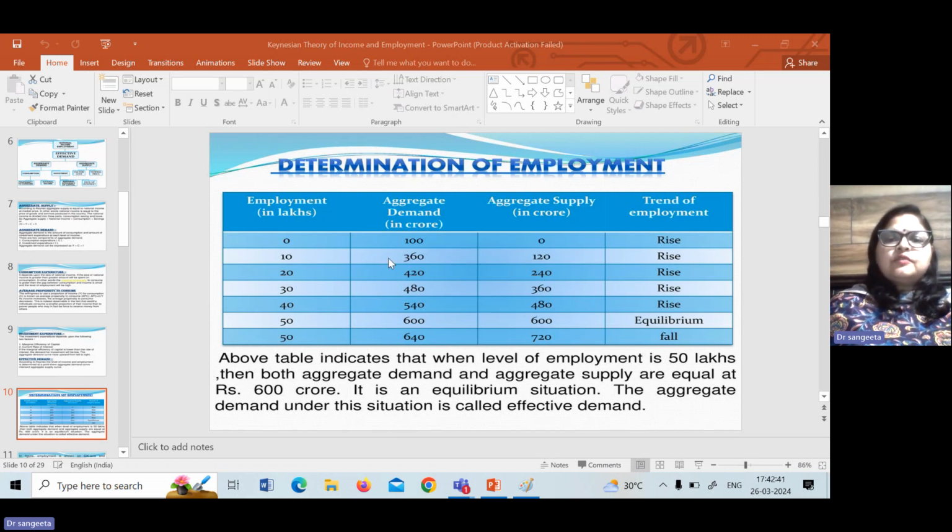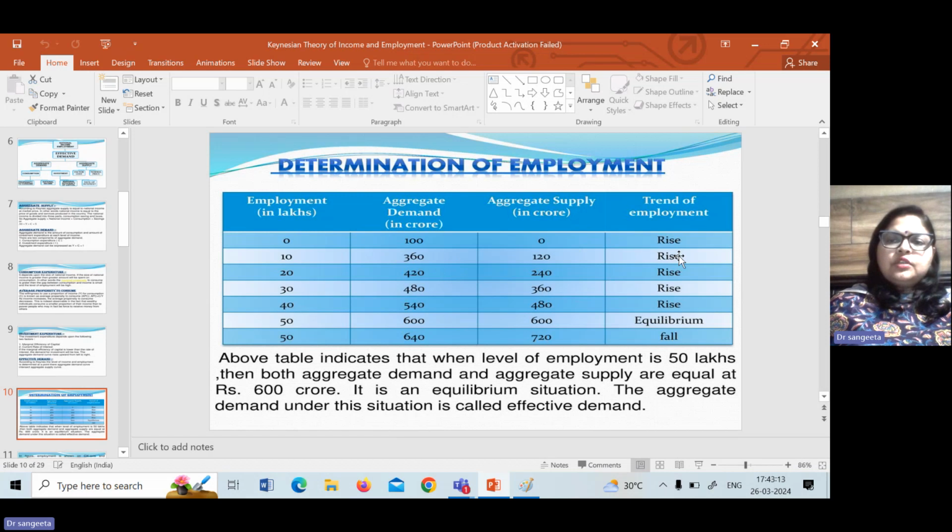There is always demand for goods and services, and aggregate supply can be zero. To meet this demand of 100 crore, we will hire employees. So the trend of employment will be rising, and when we employ 10 lakh people, the demand will increase to 360, but this supply still does not match the aggregate demand.